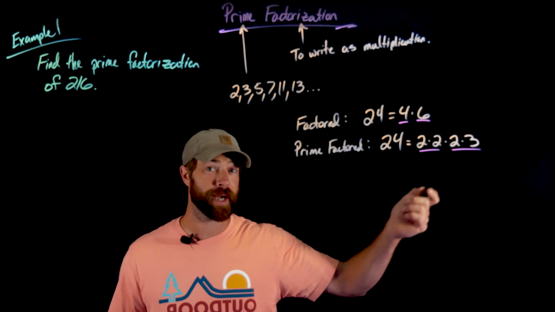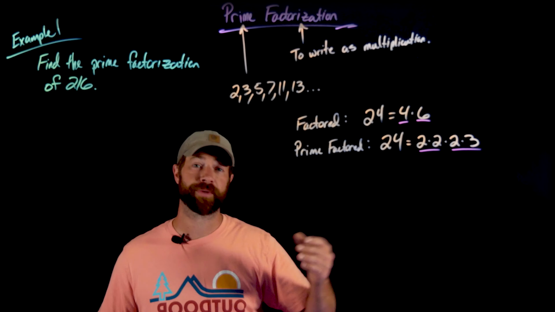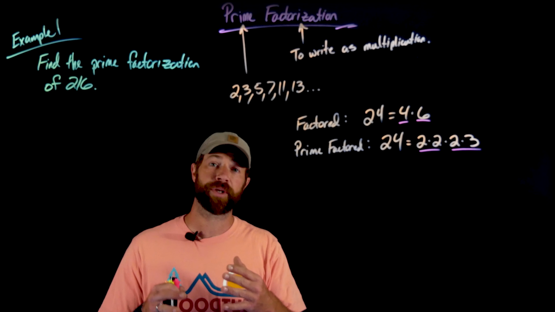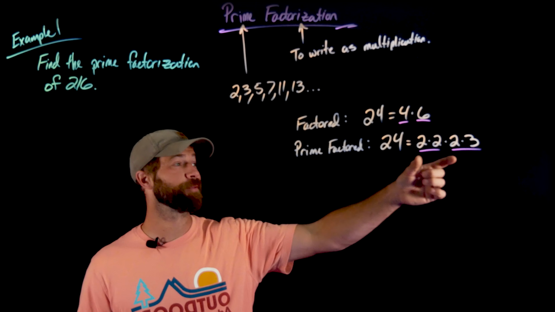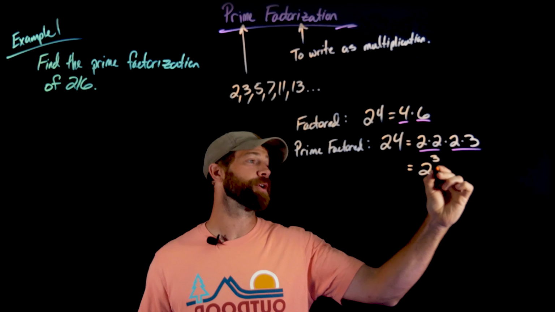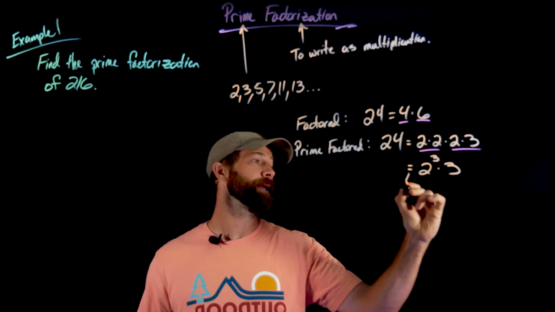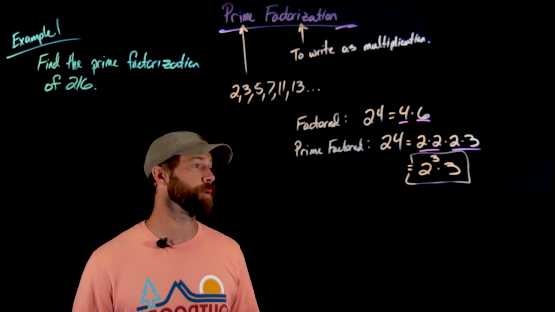So if I had any composite numbers here, I would factor those also. You keep on doing that until you only have prime numbers. Finally, the cool way of writing this would actually be to say 2 to the third times 3, to make that all nice and compact for the prime factorization of 24.